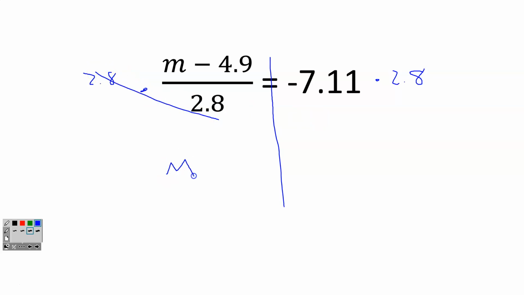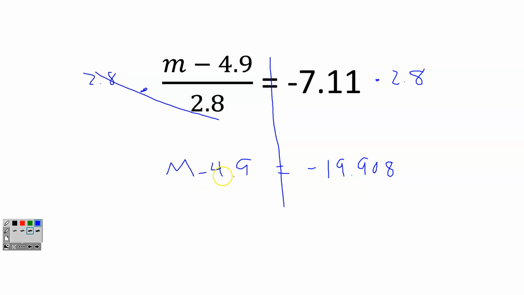That's going to give me m minus 4.9 on this side. If I type in my calculator negative 7.11 times 2.8, it gives me a negative 19.908. So now it's a one-step problem.